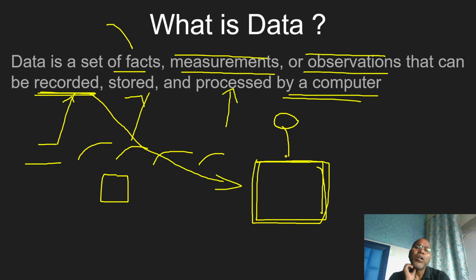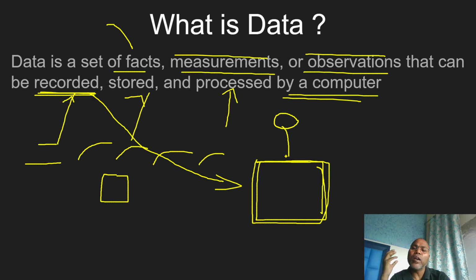So any information you observe as a human being, or any machine, animal, or anything in nature can observe, whatever we see or listen to with our five organ senses, we can request to record in our system.